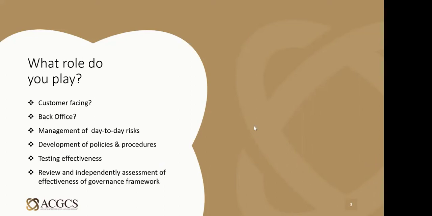So there are different roles that are key to the well-functioning governance structure of an entity, be it a casino, a money service business, a payment processor, a fintech, or a bank.